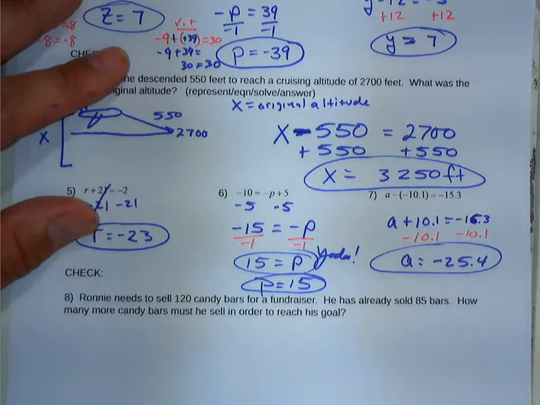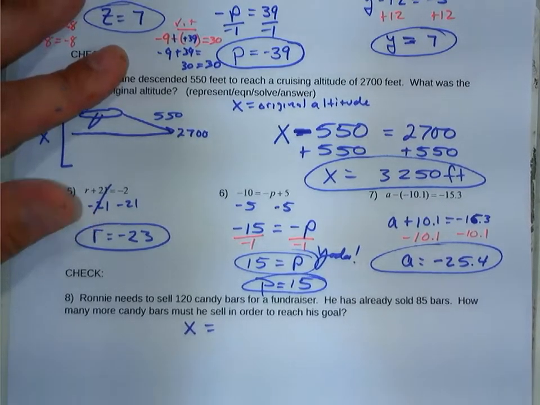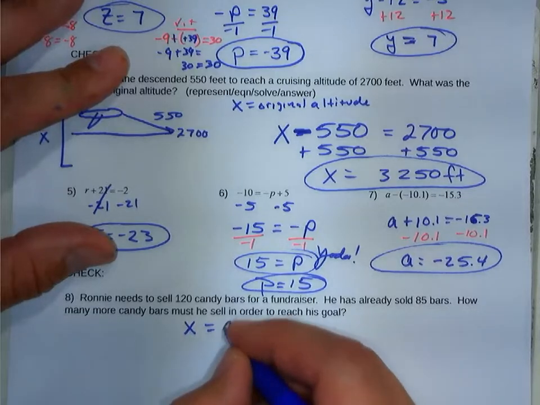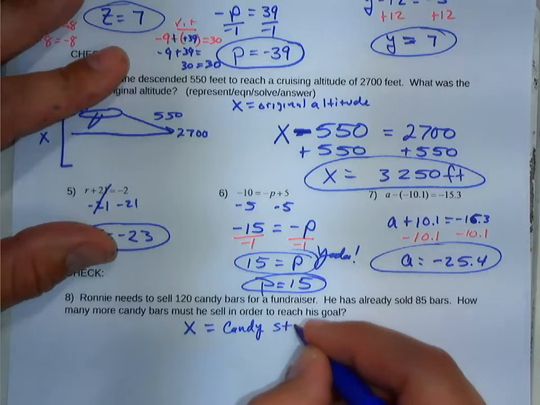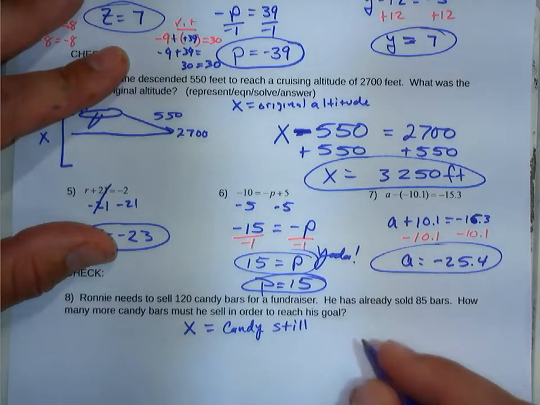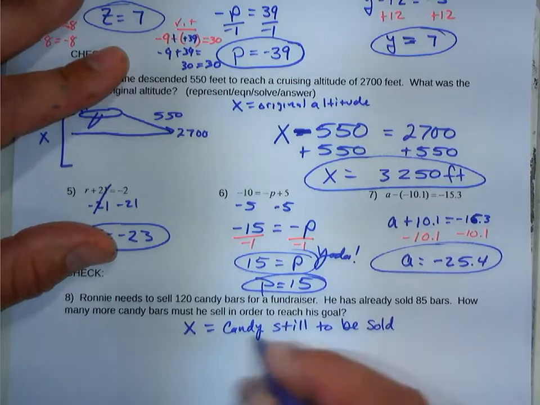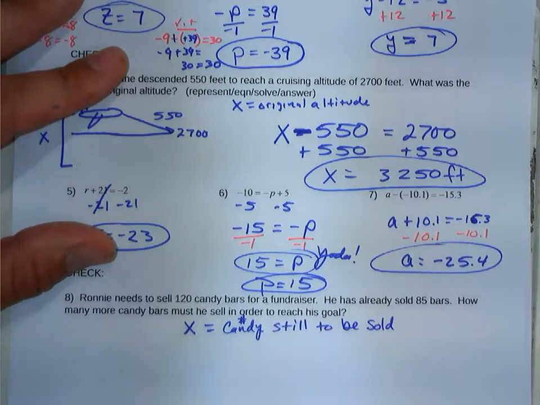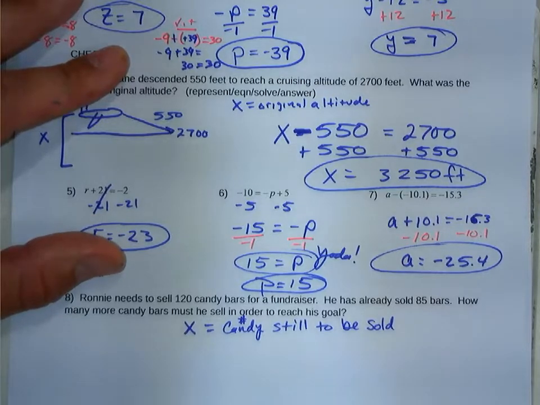Okay, so I always like to use X. I'm a big fan of X. X is the number of candy bars still to sell. There still needs to be sold. So number of candy bars still need to be sold to reach his goal.